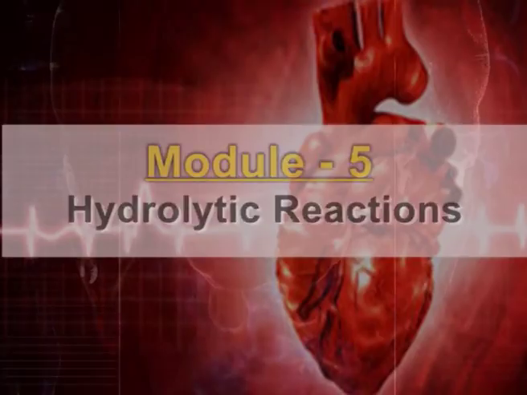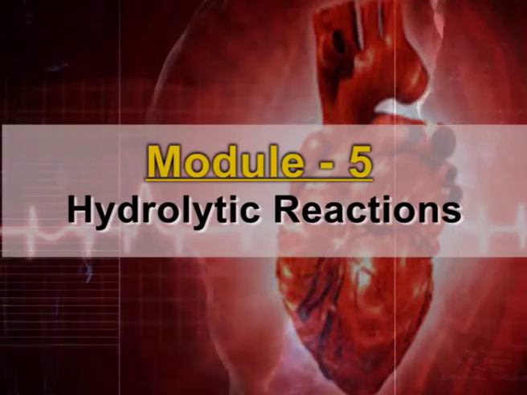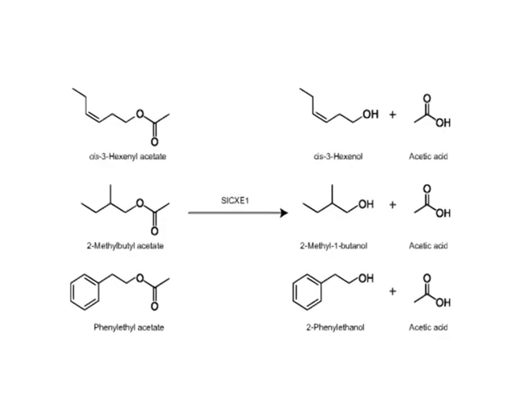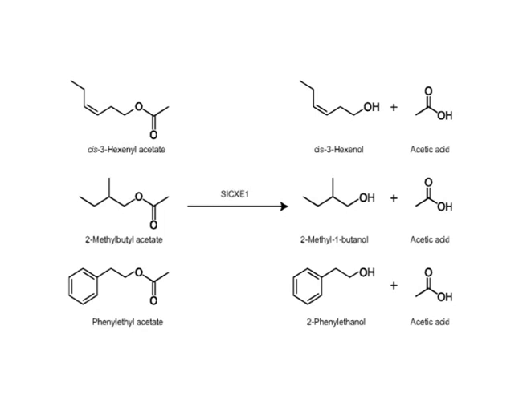Module 5. Hydrolytic reactions. Addition of water with breakdown of the molecule is termed a hydrolytic reaction. Usually, hydrolytic reactions occur in blood plasma, for example esterases, and inside the liver.